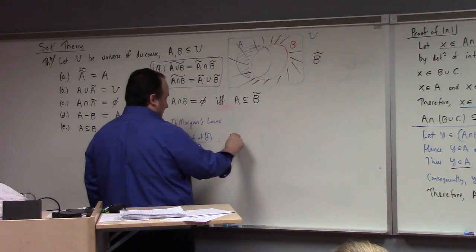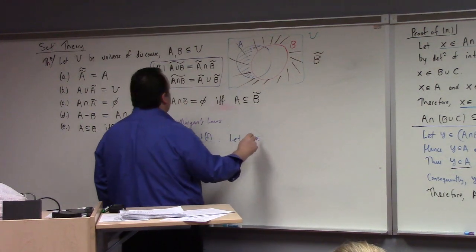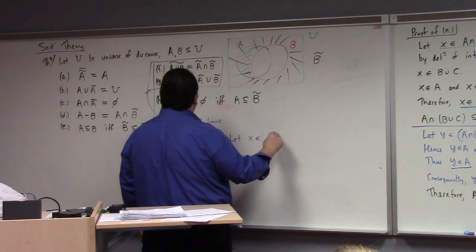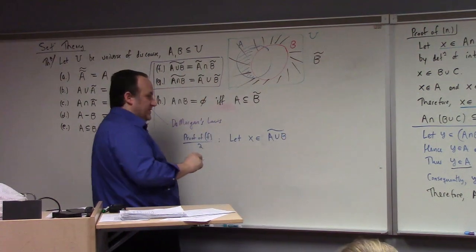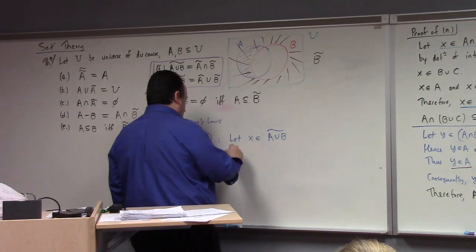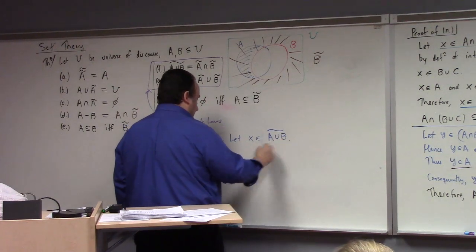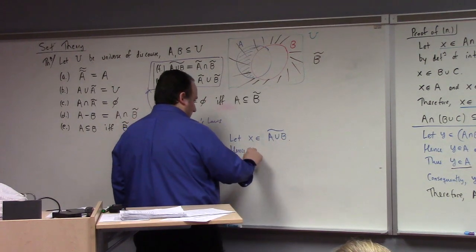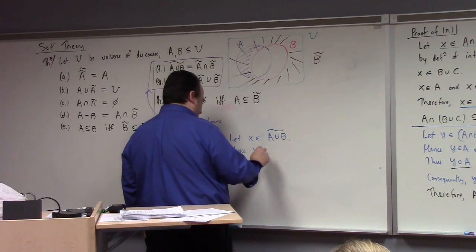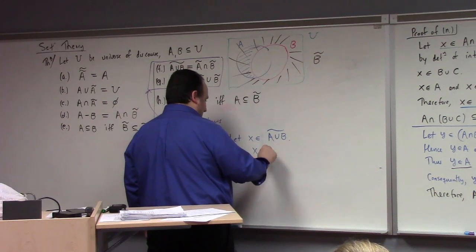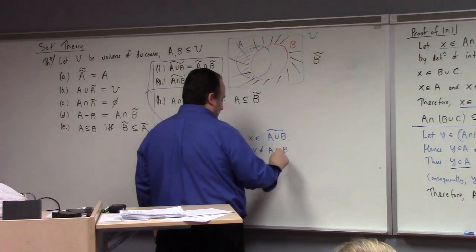So let X be an element of the complement of A union B. So that means that X is not an element of A union B.